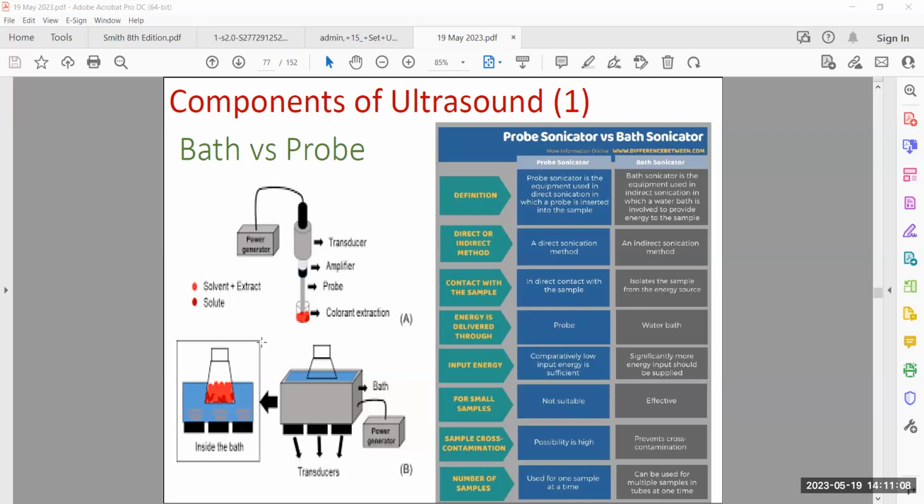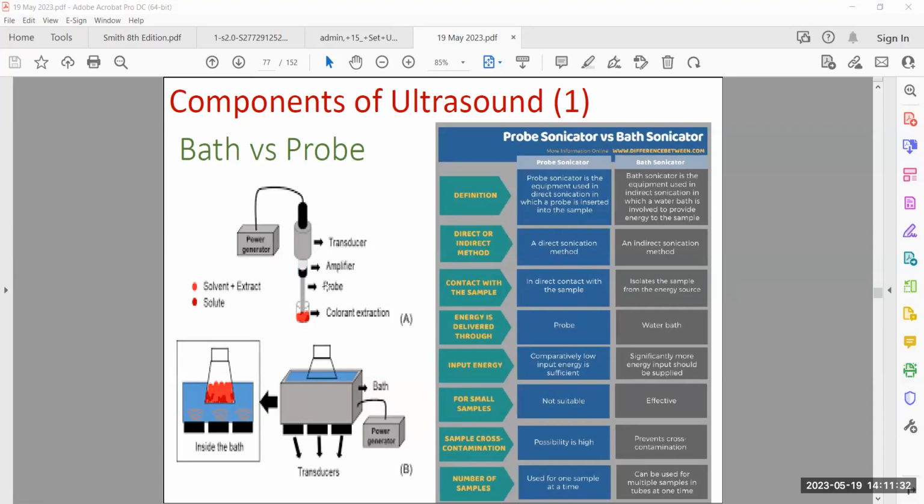If your probe is very small in diameter, it will give out a very small frequency diameter too. A bigger diameter or bigger exposure to ultrasound would look something like a bath, but a bath is what we call an indirect ultrasound. In comparison, this one is what we call a direct ultrasound.